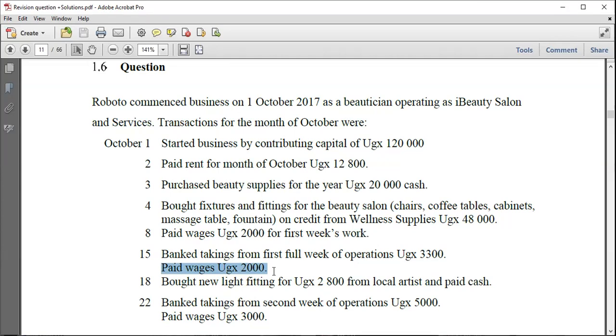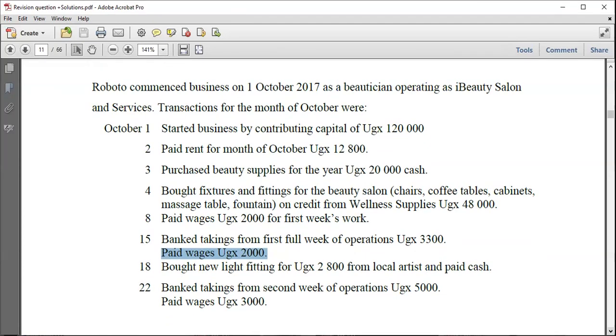As we proceed, they're also saying banked takings from the second week of operation were UJX 5,000.